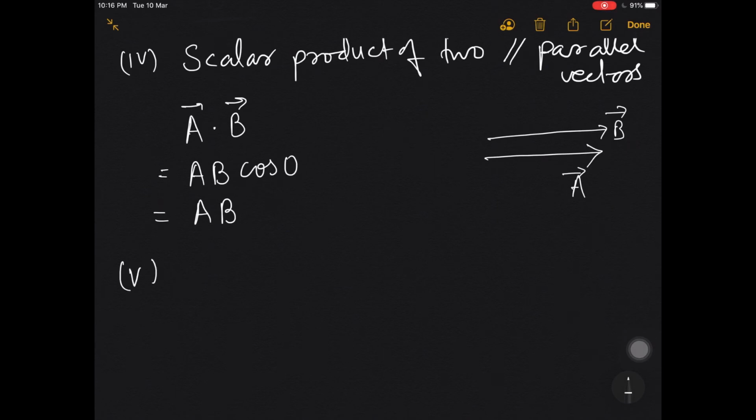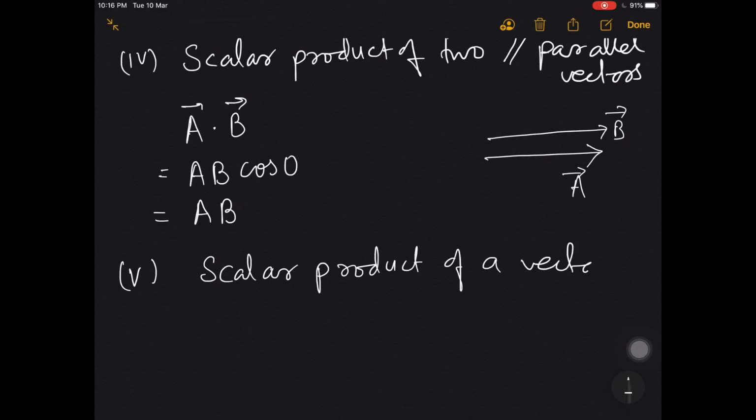Fifth property, let us see the scalar product of a vector with itself.